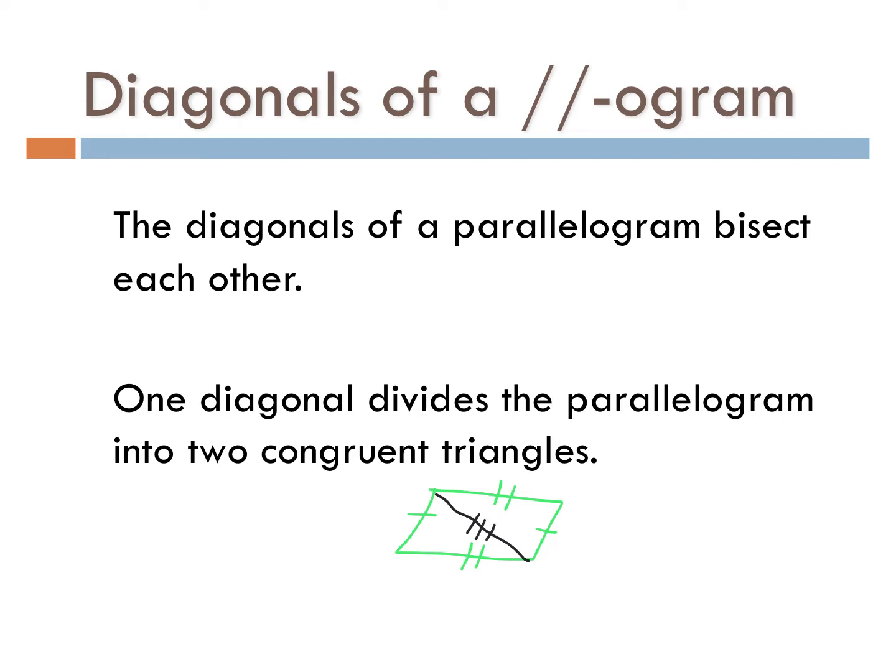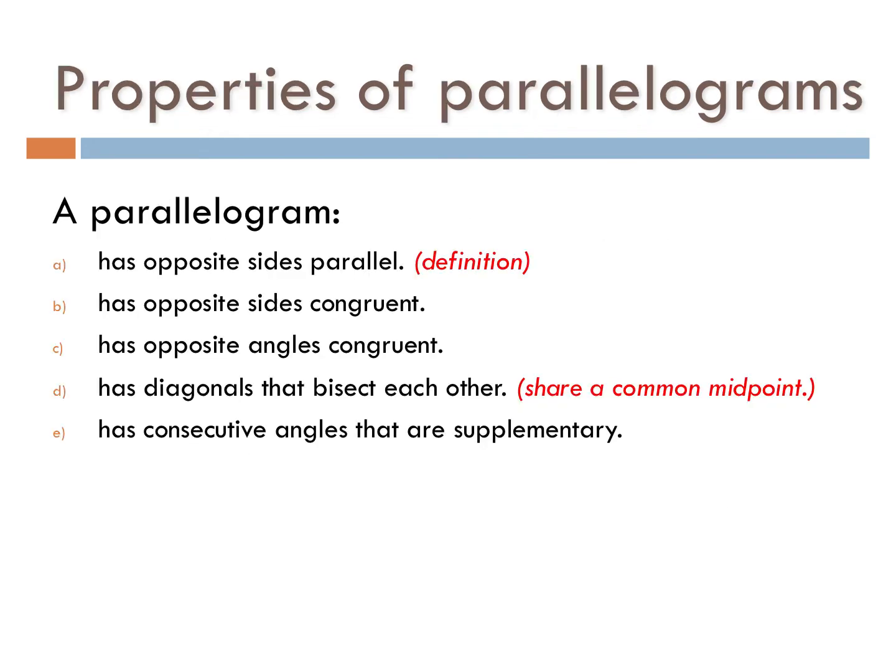In this case, what I drew is side, side, side, but we knew in a parallelogram these angles are congruent, so then we could say it's side, angle, side, and so on and so forth. Okay, so each diagonal does this. So if I drew this same parallelogram, but the diagonal going this way, same case. It also splits it into two congruent triangles.